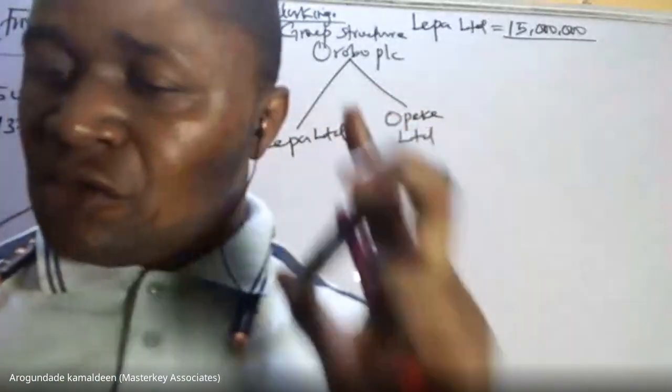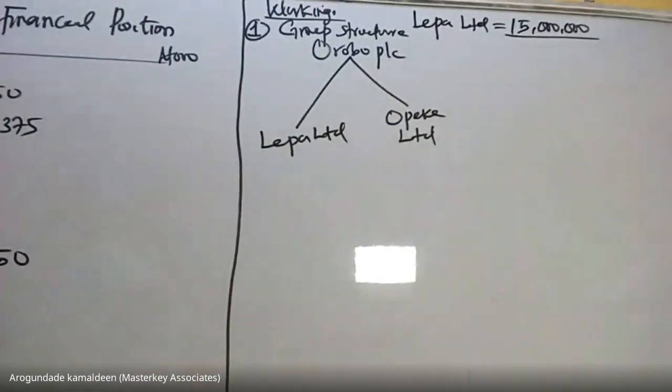I have taught you before that in most cases you might not have the percentage, but they will give you the number of shares the parent company acquired. How am I going to find the total number of shares of Lepa, the subsidiary?